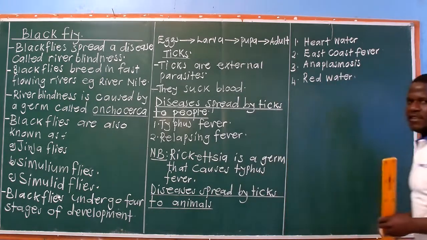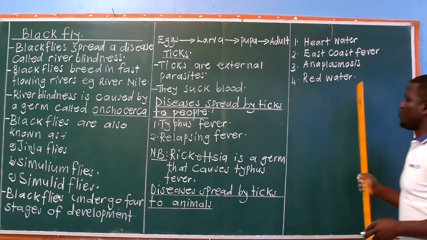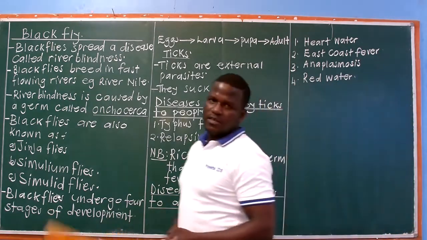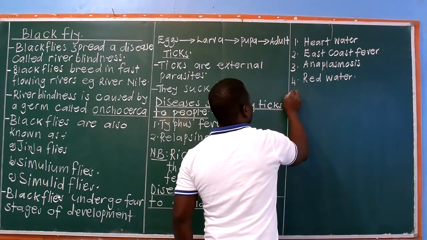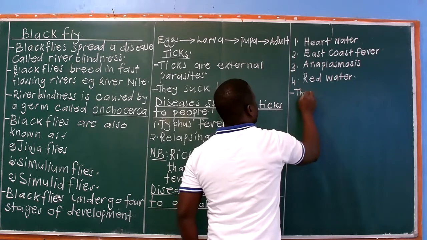So these are the diseases that are spread by ticks to animals. Sometimes they are called tick-borne diseases. The above diseases are known as tick-borne diseases.